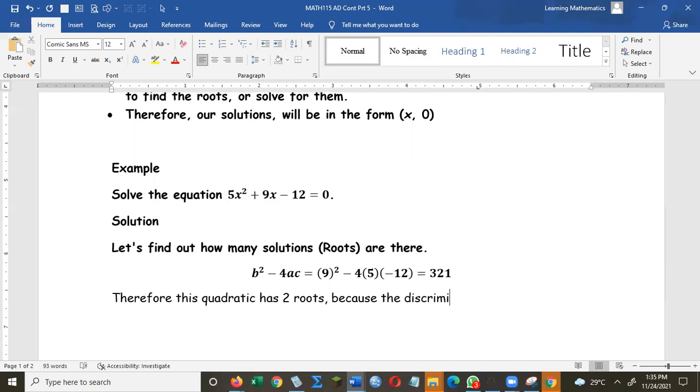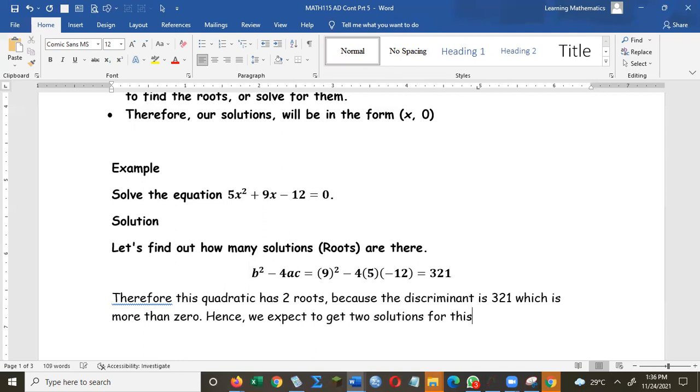The discriminant is 321, which is more than 0. So we expect to get 2 solutions. I repeat, if the question doesn't ask you to do that, you don't do that. But just for revision purposes, we are doing that.